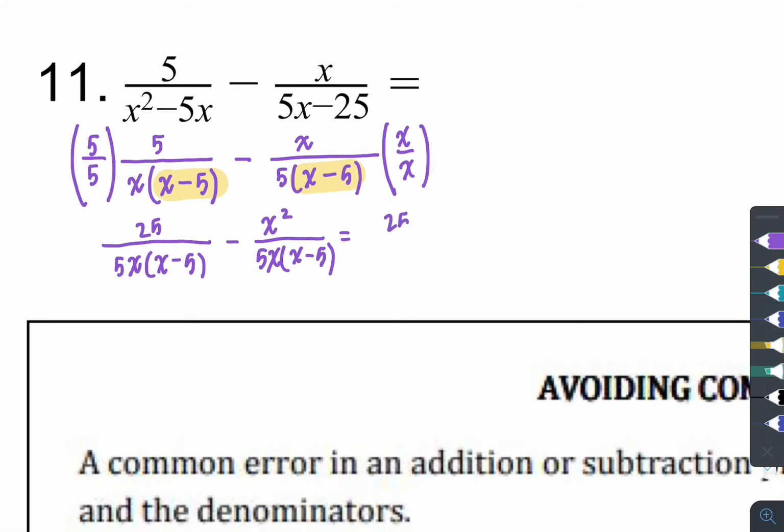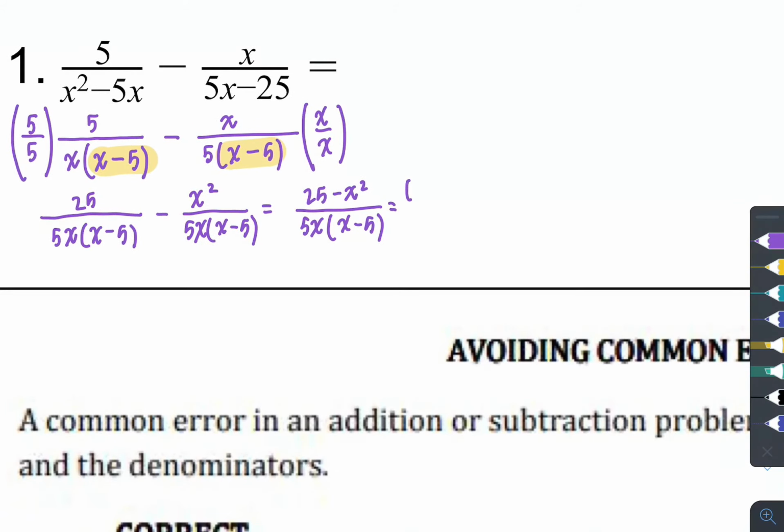Going to go ahead and combine those, so it's 25 minus x squared over 5x times x minus 5. This is a difference of squares, so I'm going to factor that. So this is 5 plus x times 5 minus x over 5x times x minus 5.